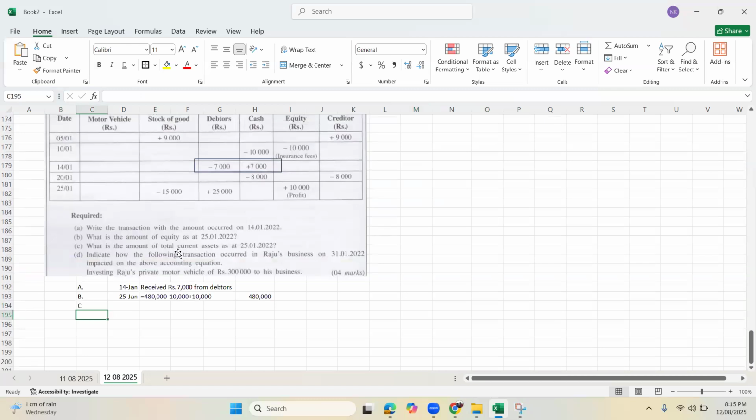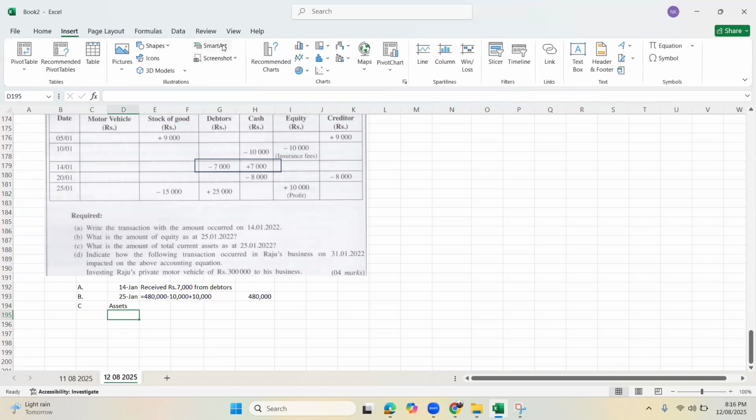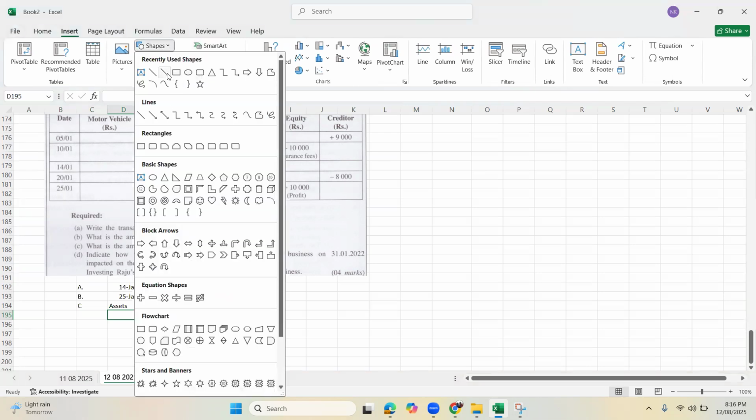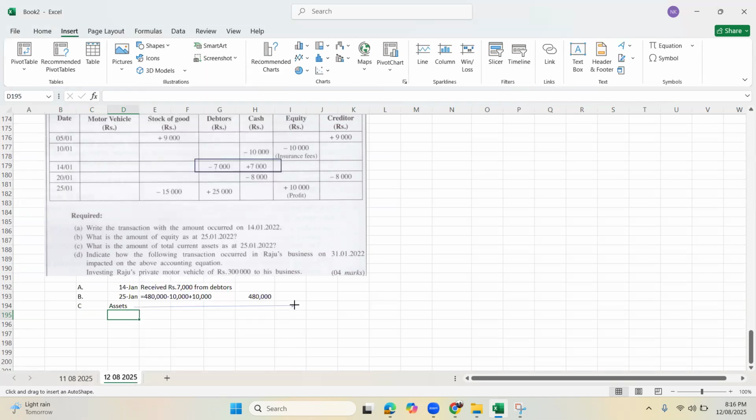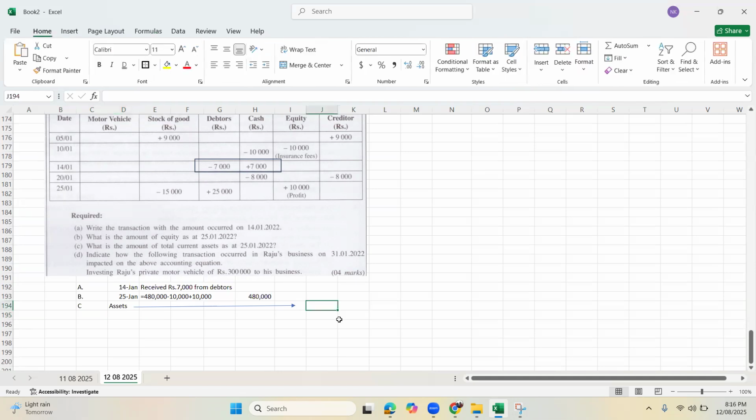What is the amount of total current assets? So I will explain this. Assets you can divide into two. One is non-current assets.